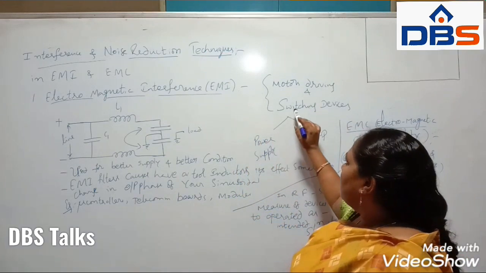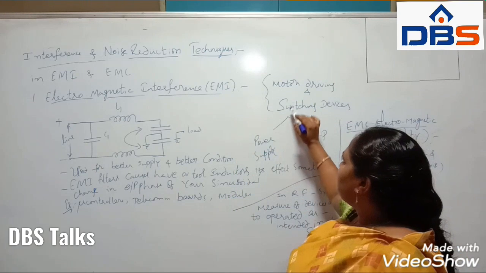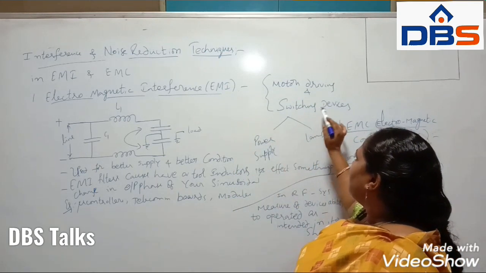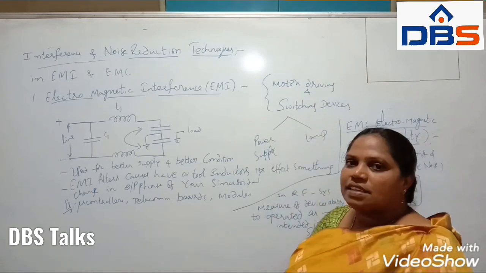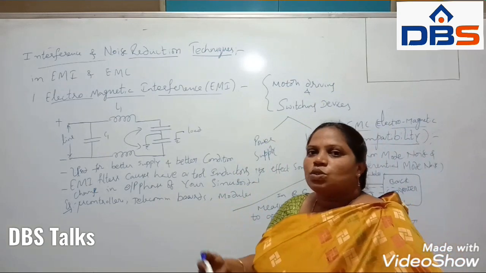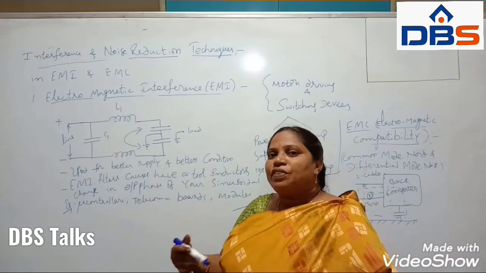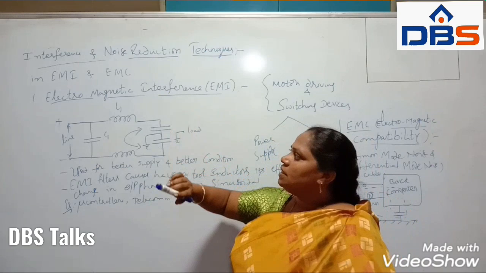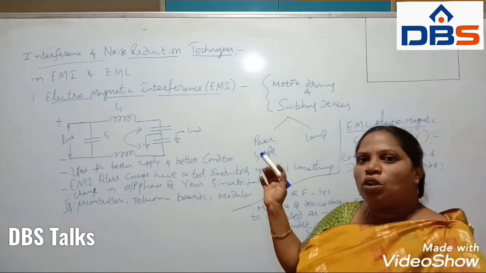In this motor driving system, we have to take a power supply, and we can consider the switching devices, like some lamps. For electromagnetic interference and electromagnetic compatibility, we can consider both.